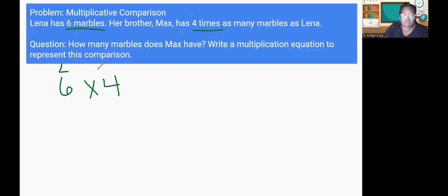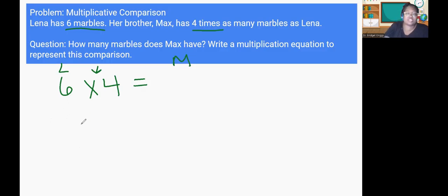So whatever we get over here is going to tell us how many marbles Max has. We can solve this in a number of ways. We can make an array where we have 6 rows of 4, or 4 rows of 6, or we can do repeat addition. We can repeat 6 4 times, or we can repeat 4 6 times.